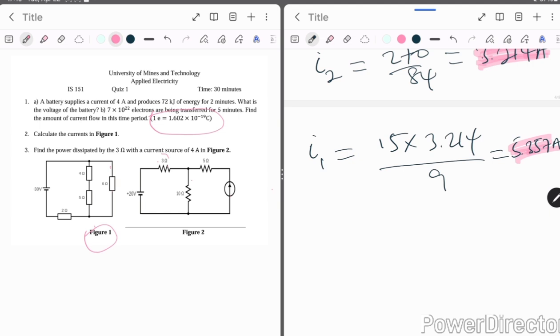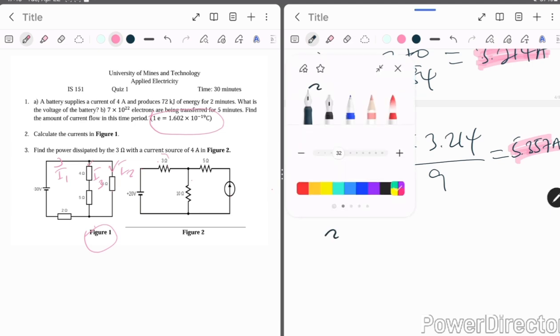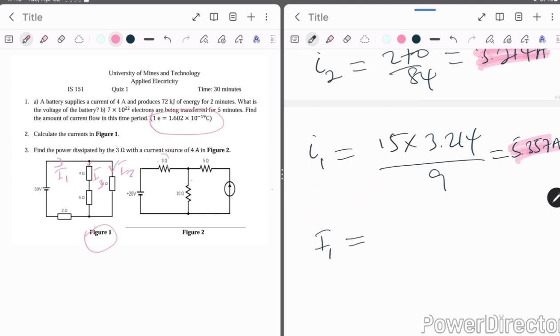Once you've gotten it, the next stage is to assign current to each branch. I have here I1, and I'm going to label here I3, and here we'll label I2. So we are now finding the branch current. You can see that the current passing through the 2 ohms is I1.